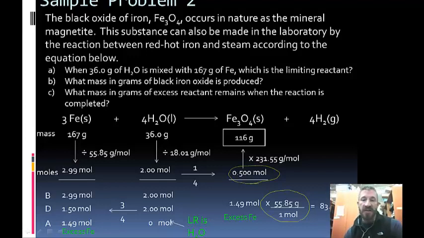So that would be the mass of iron that didn't react. So we've got both numbers: the mass of the iron oxide compound that's produced and the mass of the iron that did not react. So now we've used grams in a RICE table with moles, and we've accomplished the same thing we've done previously. If you have any questions, let me know.